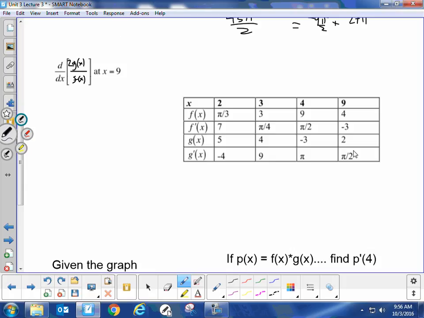Why don't we change g prime from a pi to just a number, -2. Make it -1. Okay. Go. Tackle that yourself.